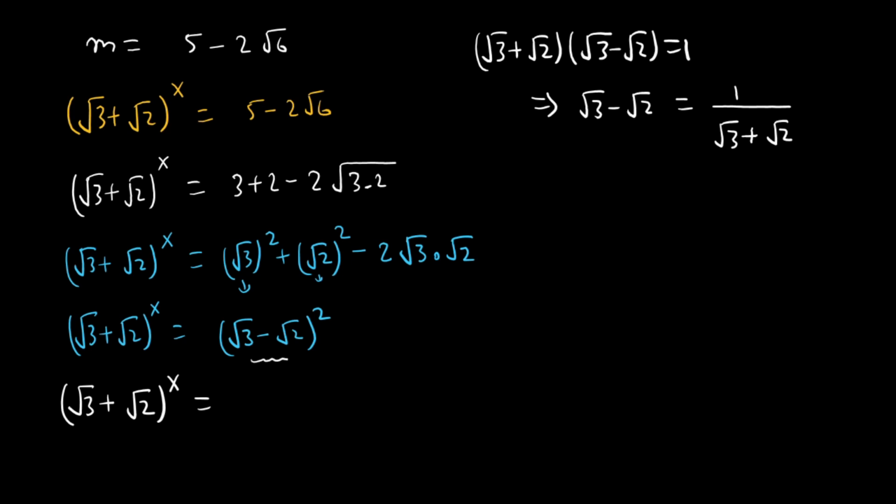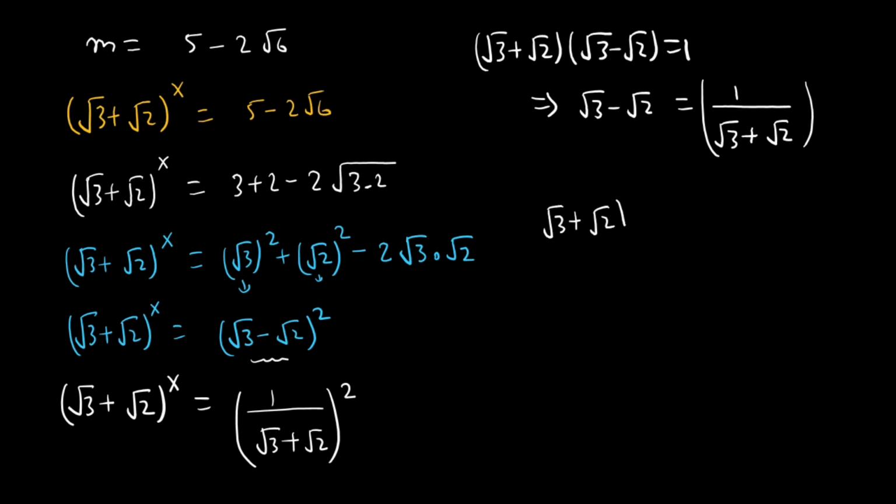Now this expression is replaced by 1 over (square root of 3 plus square root of 2), whole power 2, and in the left hand side we have (square root of 3 plus square root of 2) whole power x, which equals 1 power 2, that is 1, divided by (square root of 3 plus square root of 2) whole power 2.